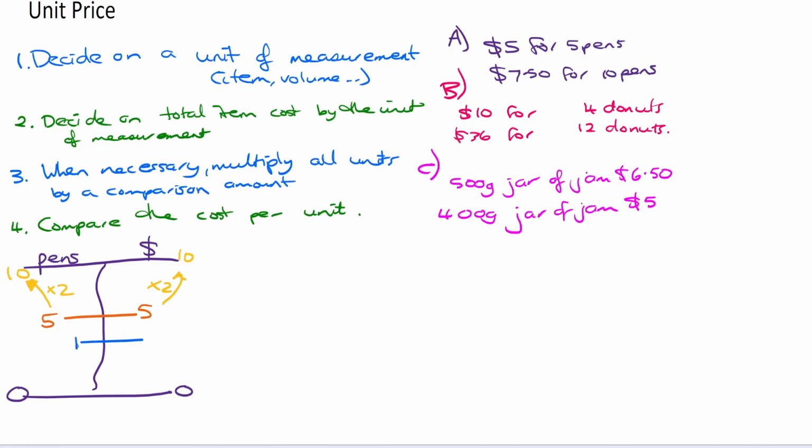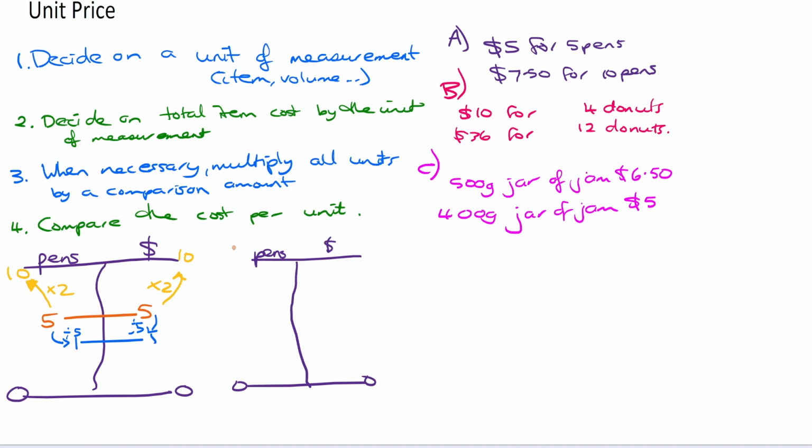What they did was they went back to 1 pen, so dividing by 5, dividing by 5, and then they scaled up, and then they used that to compare the prices. So that tells me that 1 pen costs $1. I had a beautiful demonstration again of dividing by 10 by doing pens and money.